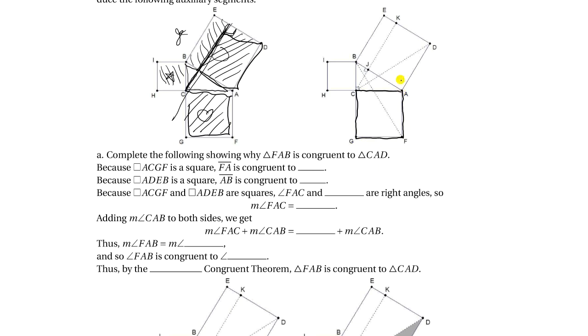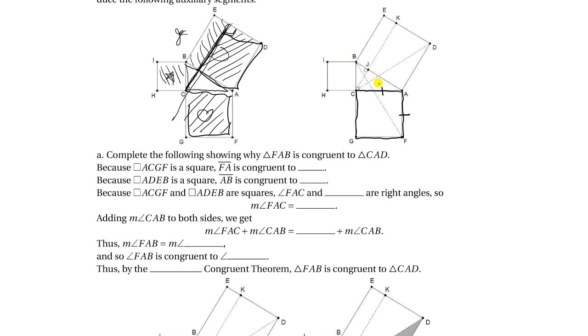It's a square, which means FA and all the other sides are the same, but as we need AC, these two sides are congruent to each other from that square.